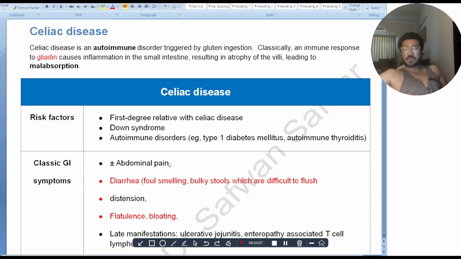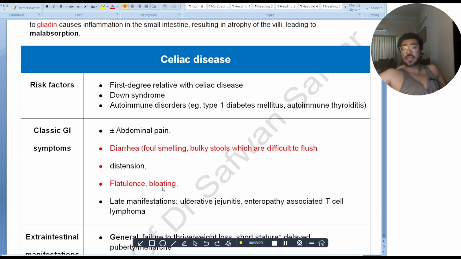So you get abdominal pain, diarrhea. Why do you get diarrhea? You get osmotic diarrhea because the nutrients are not absorbed, and those nutrients exert an osmotic effect and suck all the water from the mucosal lining of the bowel. That results in diarrhea. Distension, flatulence and bloating occur because the bacteria degrade the unabsorbed nutrients and produce gas.